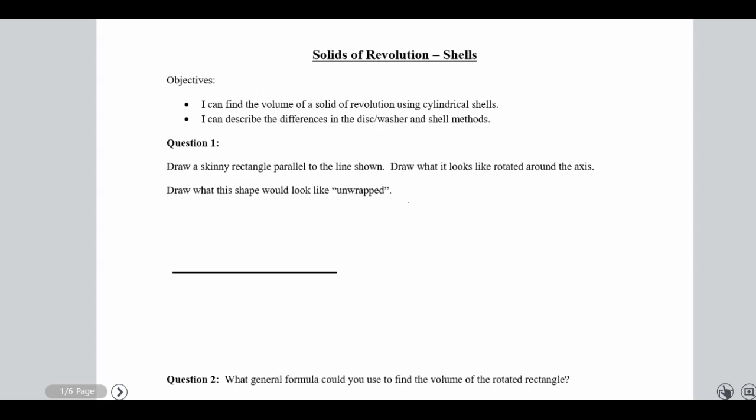We'll talk about that a little bit later, but let's start with what this idea of a cylindrical shell is. What we're going to do is draw a skinny rectangle parallel to this line, and then rotate it around the axis. Just like before, we drew a skinny rectangle that was perpendicular for discs and washers.